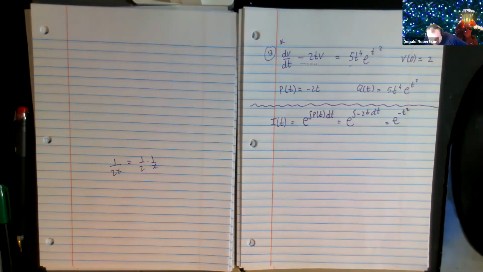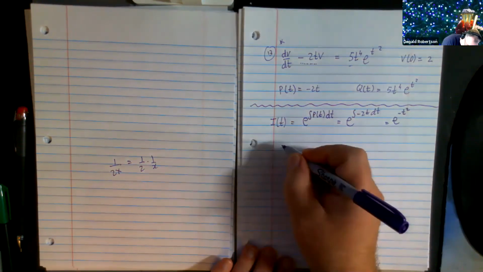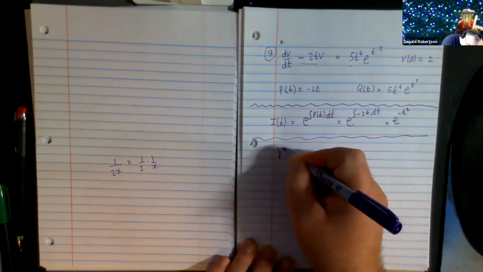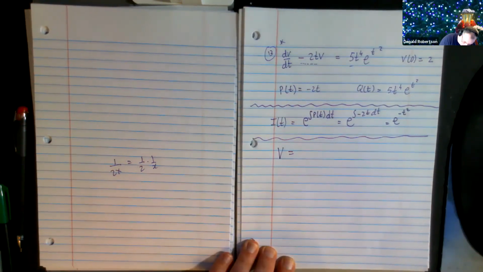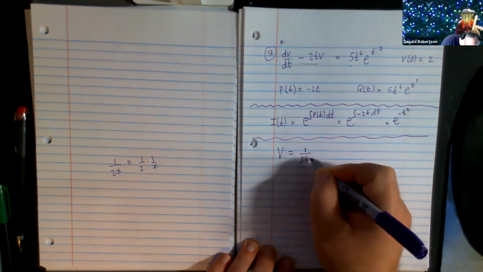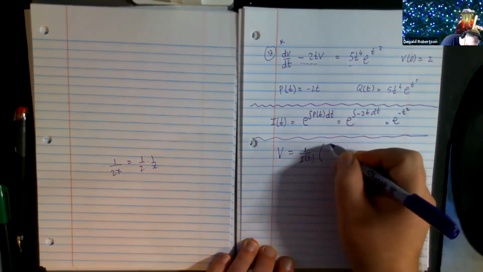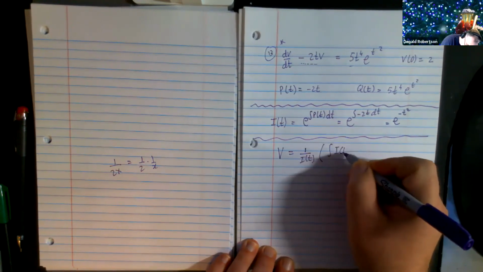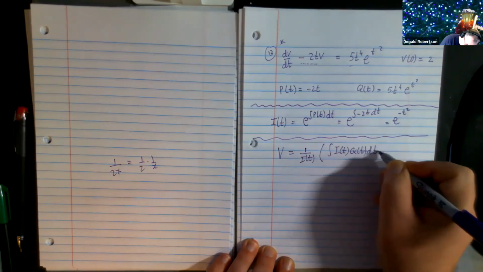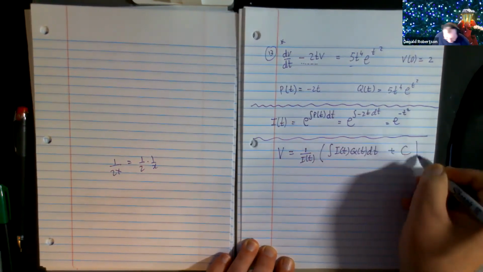Not the nicest looking integrating factor, but actually I think it's going to turn out well. So we should be able to, that's basically step 2 done now. We should be able to solve, it's not going to be y equals, it's going to be called v equals. And it's going to be 1 over the integrating factor, the integral of I q, and a big plus c.